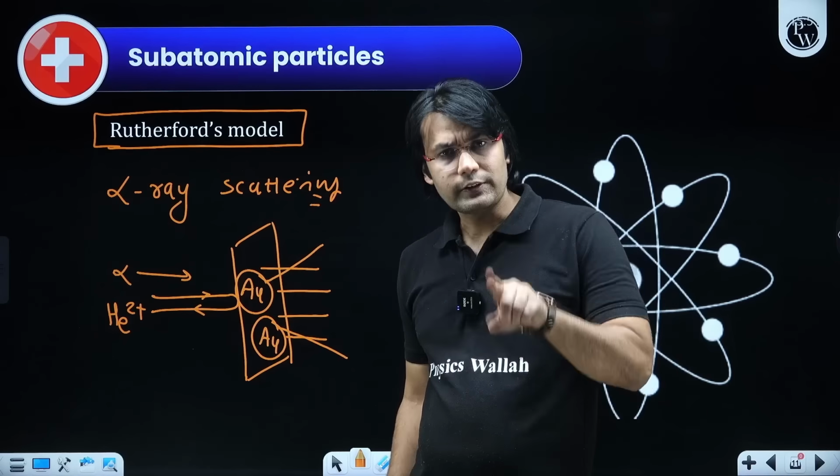But do you know that apart from light, even your electron has dual nature? Earlier we used to think that electron is a particle, right? Even in the cathode ray experiment, you measured mass of electron and all. So earlier we used to think that electron is a particle. But the concept of dual nature suggested that even your electron has wave nature.